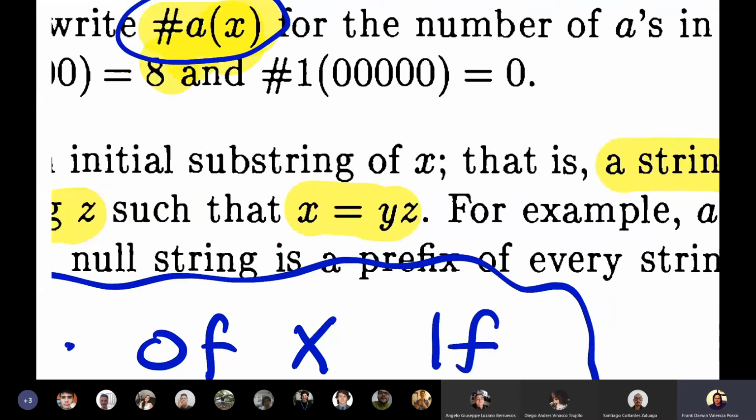So basically Y is a prefix of X if X can be written as Y concatenated with something else. Is that clear? Is that clear or not? Yes. No. Okay. Who said no? Angelo? Okay.